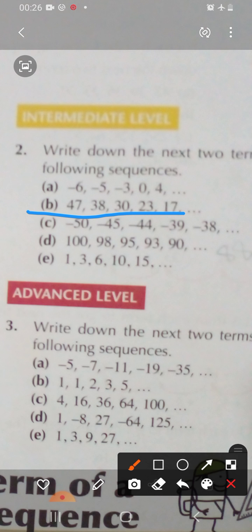47, 38, 30, 23 and then 17. Here there is a continuous decrease.